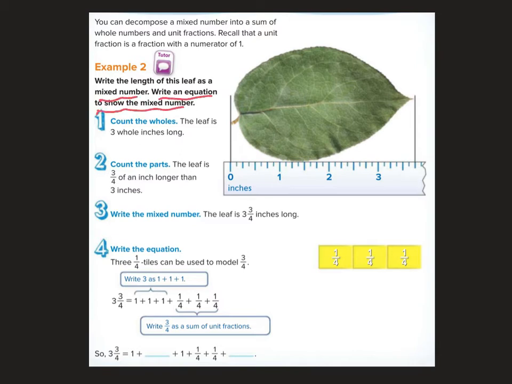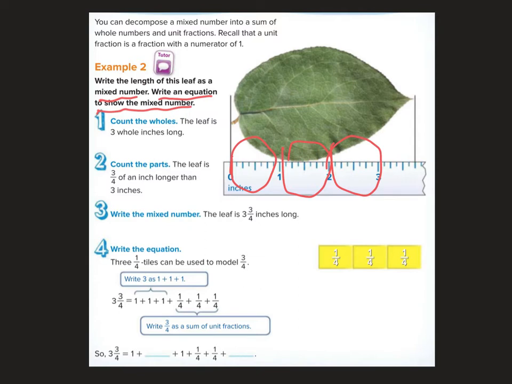So what do we do there? Okay, let's take a look. So what I'm noticing here is I have 1, 2, 3 whole inches. Okay. So then I have to figure out, okay, how much do I have after?